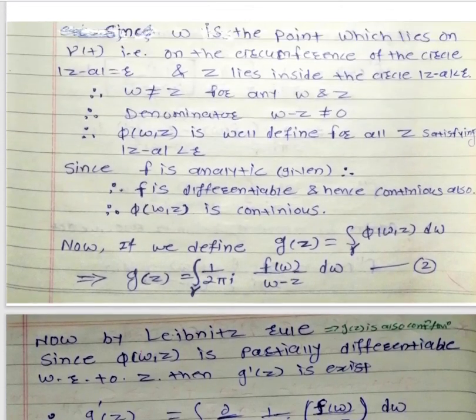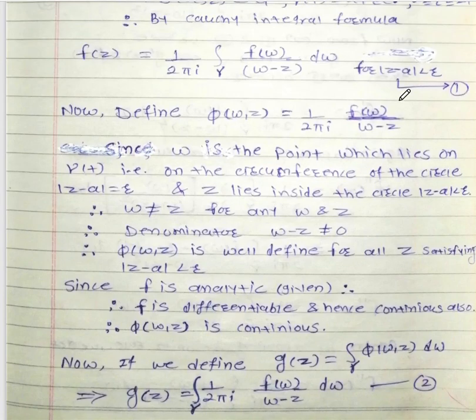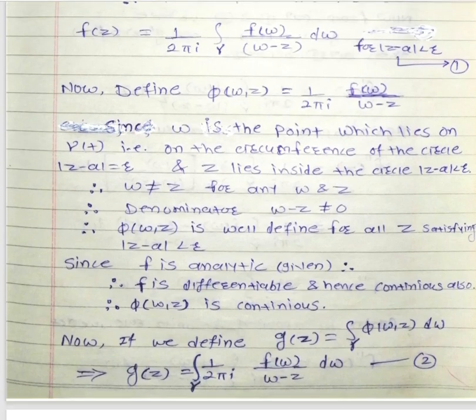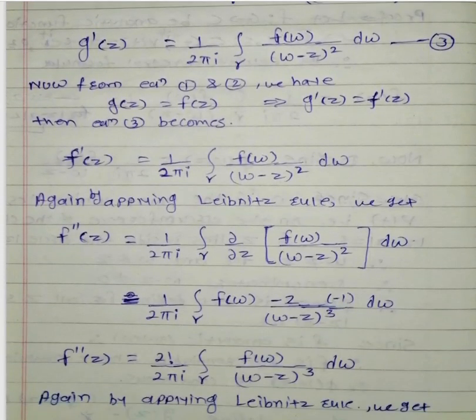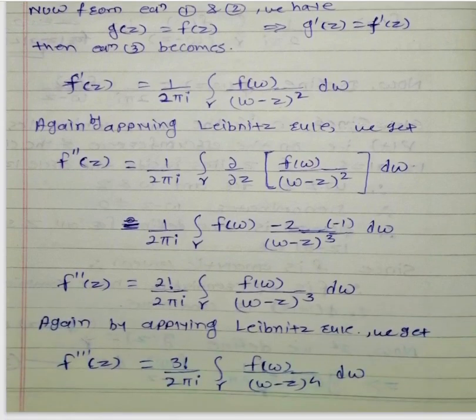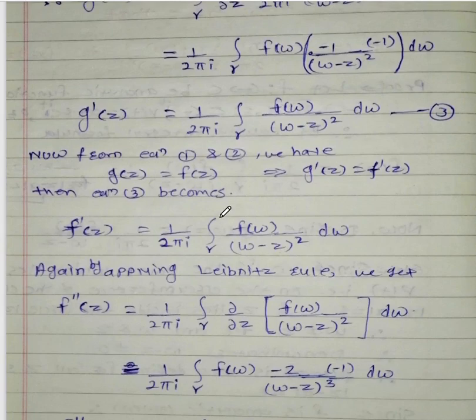From equation number 1 and equation number 2, f of z equal to g of z. So taking the derivative on both sides, we get g dash of z equal to f dash of z.